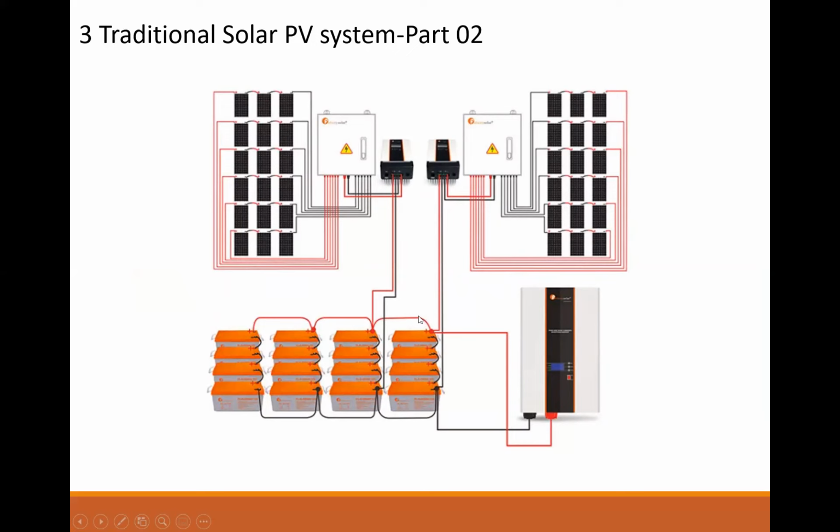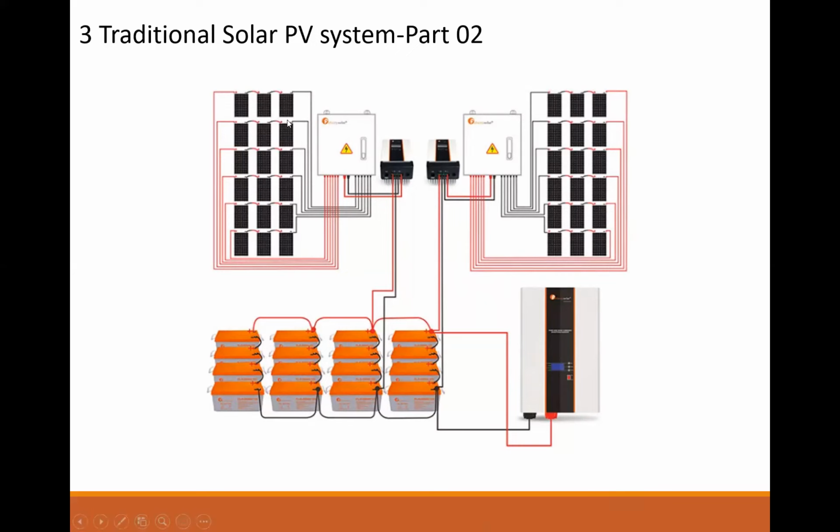So this essentially gives us a 48-volt system. Once we have a 48-volt system, it means 1 unit of battery should have 4 12-volt batteries. So this is essentially important.